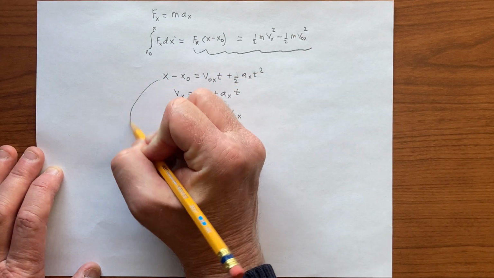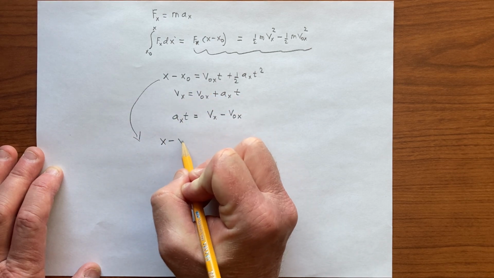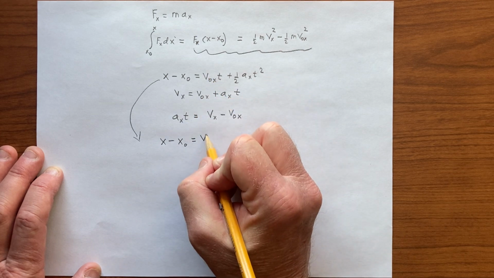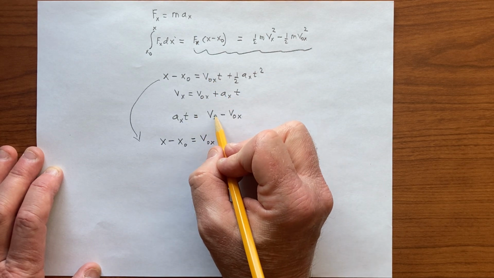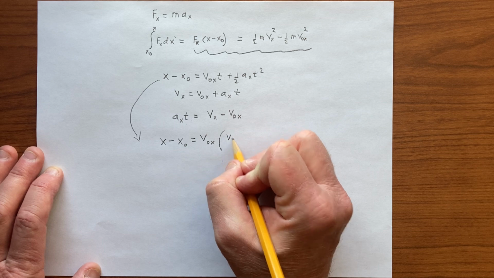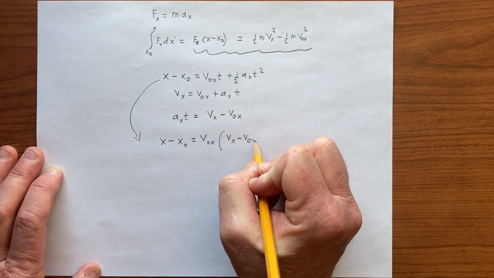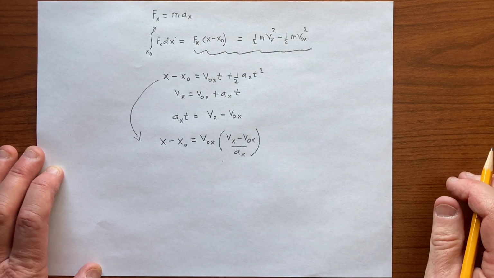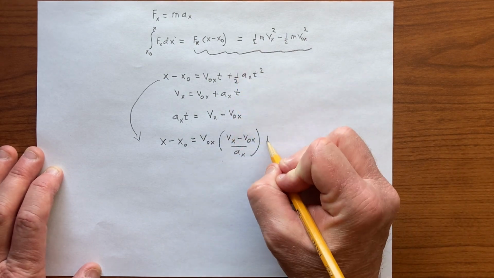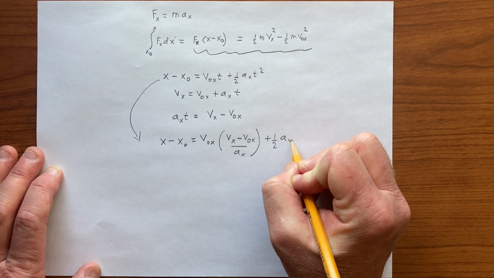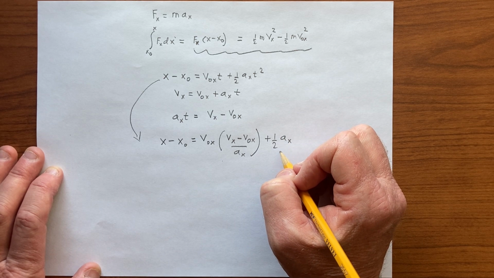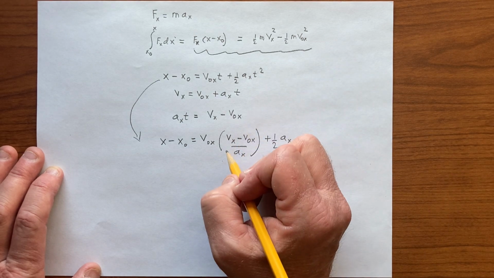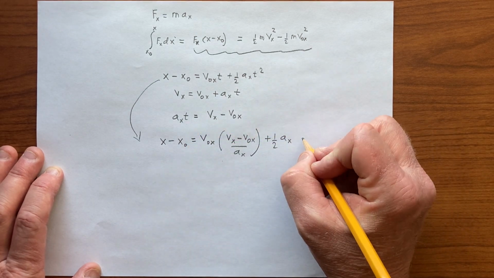So this equation becomes x minus x naught equals v naught x times t, and the t here is vx minus v naught x over ax from this, plus 1/2 ax times t squared, so that is the same t here.